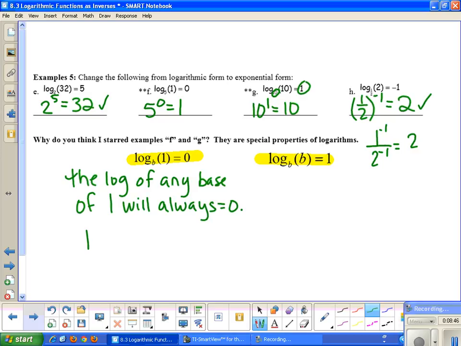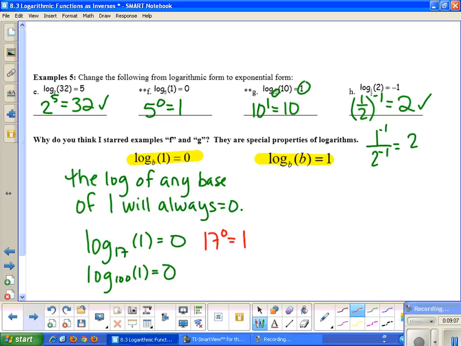For example, if I have the log base 17 of 1, I know my answer would be 0, because if I write this in exponential form, 17 to the 0 power is equal to 1. If I do another example, the log of base 100 of 1 would also be equal to 0, because if I write this in exponential form, 100 to the 0 power is equal to 1. So that will always be the case, so you need to know this right here.